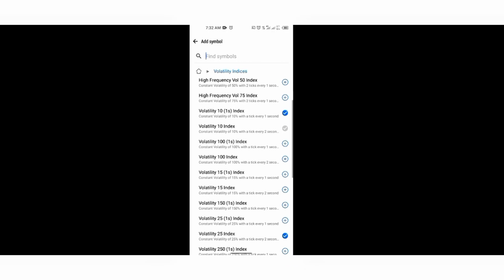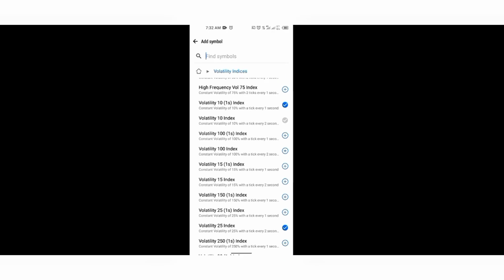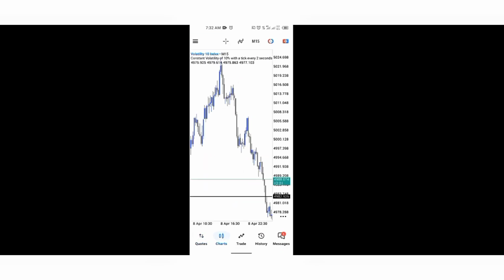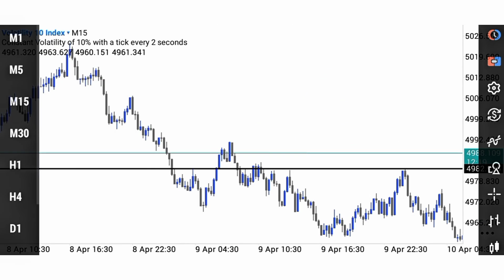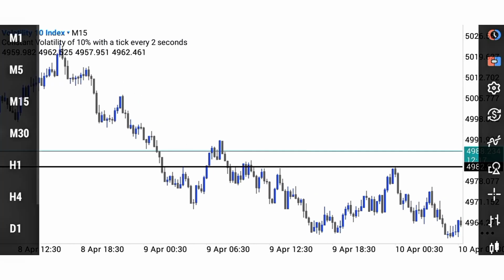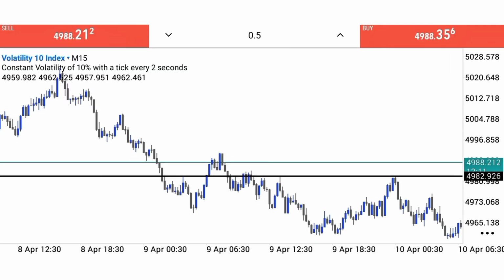Because some of them are very, very volatile compared to others. When I say volatile compared to others, it means that their lot size is higher than others. For example, let's say we are trading with volatility 10. You can see that the lowest lot size for volatility 10 is 0.5.